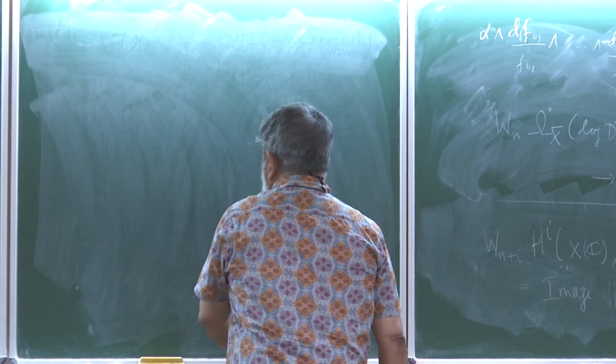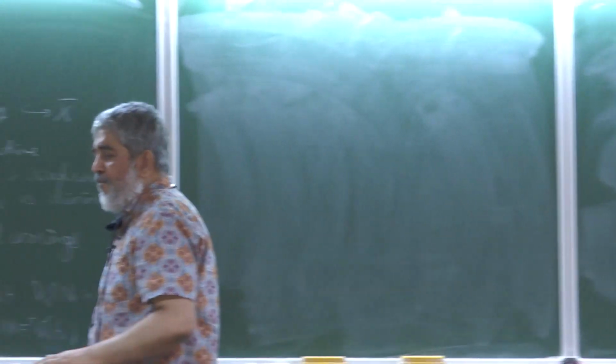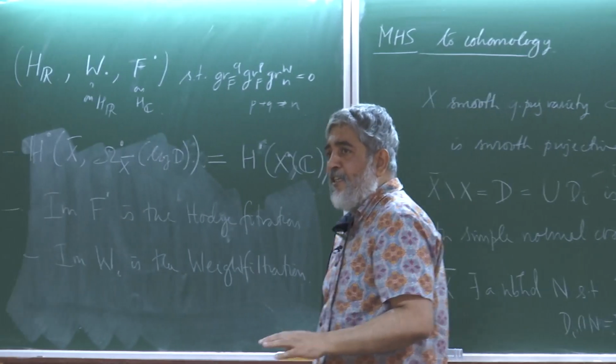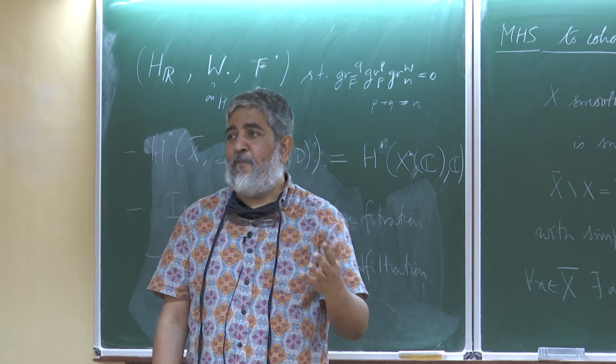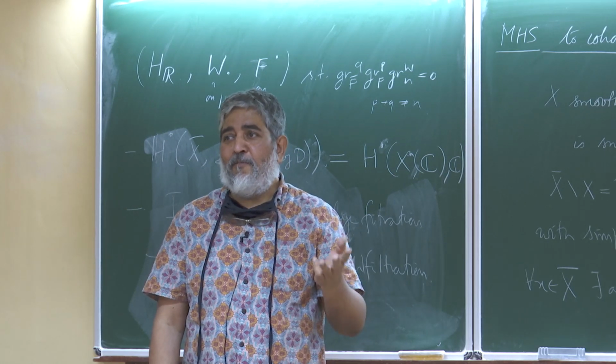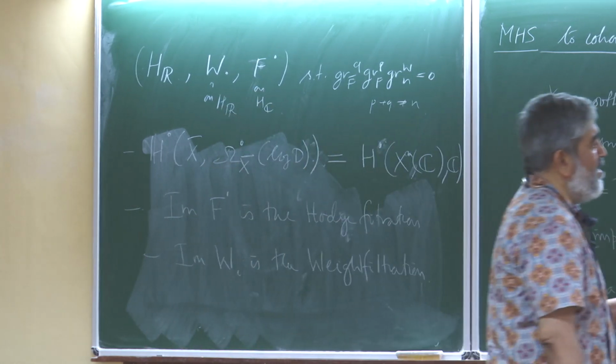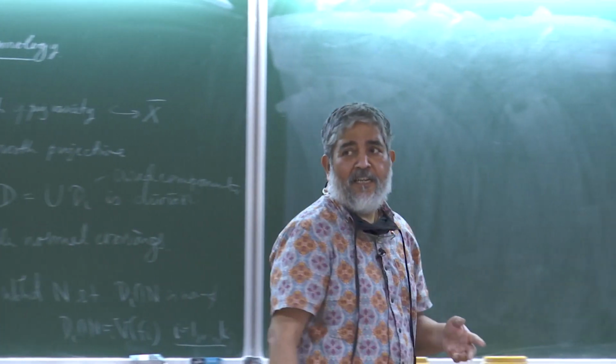So the way in which ultimately the proof of all these facts, that it is a Hodge structure, etc., has to come down in some fashion to the original two computations, which is due to Hodge and Kähler.